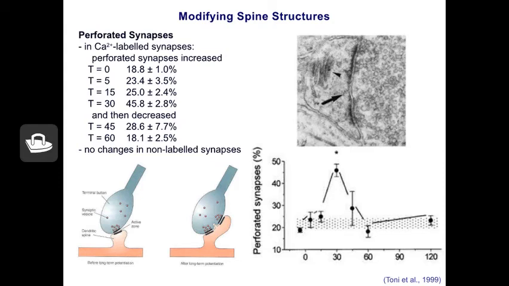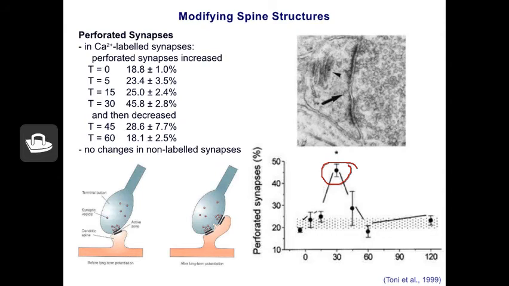However, let's take a look at the graph. It shows the mean number of synapses per labeled spine in the slices across time. We can see that the expression of perforated synapses increased across time, going up to nearly 50% of potentiated or labeled spines by 30 minutes.